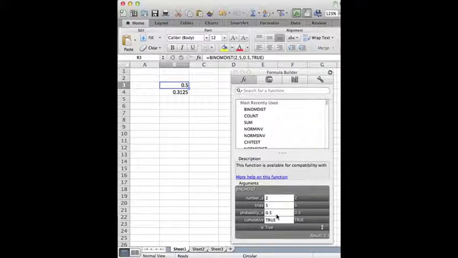So it's the probability of 0 successes plus the probability of 1 success plus the probability of 2. That's what it means when you put true. It's giving you the cumulative up to the number of successes, as opposed to this expression here, which is giving you the probability of exactly 2 in 5 trials.